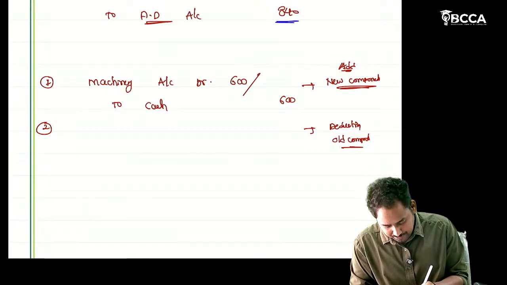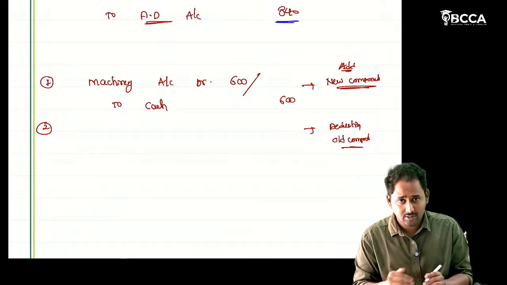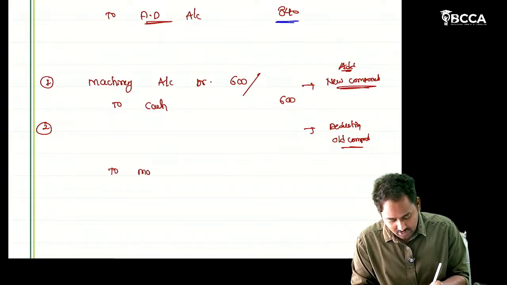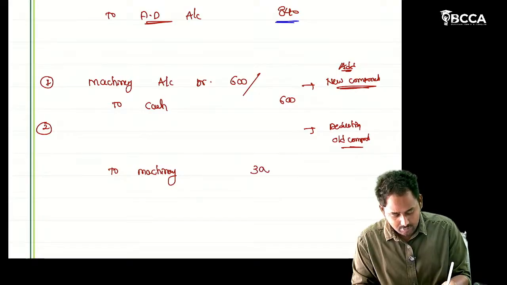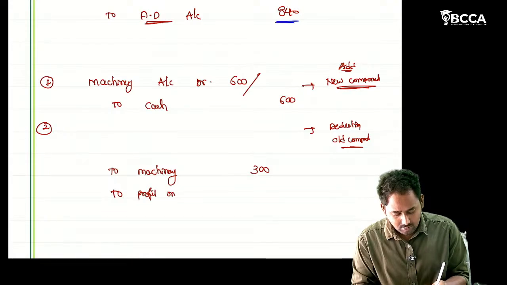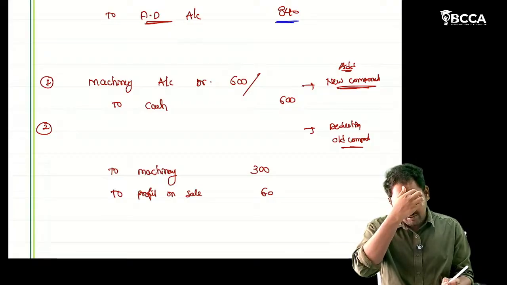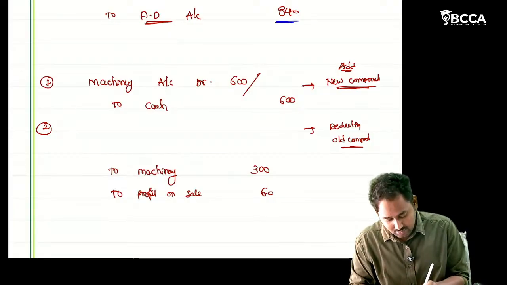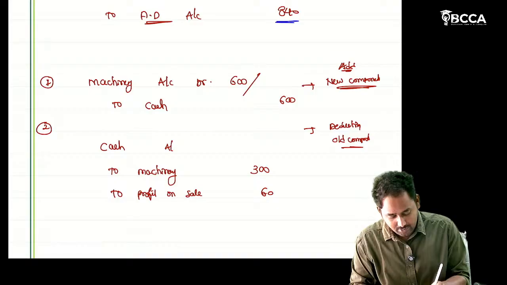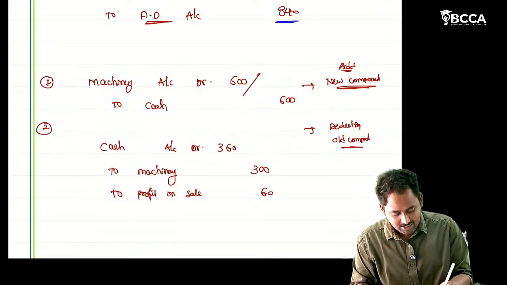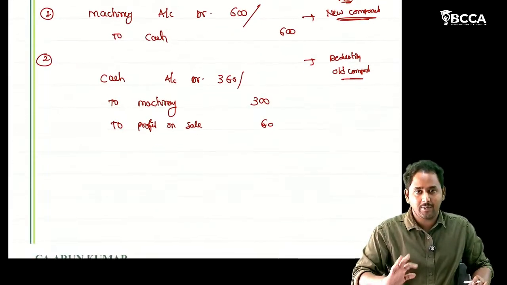So machinery should be reduced by 300, then to profit on sale 60. What is the fair value of the machinery? 360. So cash account debit, assumed it is 360. This is what would actually happen.